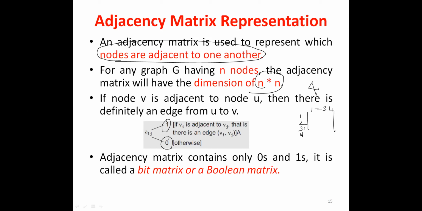So wherever the vertices are connected, I will store that cell as 1, otherwise 0. So the adjacency matrix will have only zeros and ones. So it can be called a bit matrix or Boolean matrix. A Boolean value is either 1 or 0, and a bit can be either 0 or 1. That's why it can have different names.